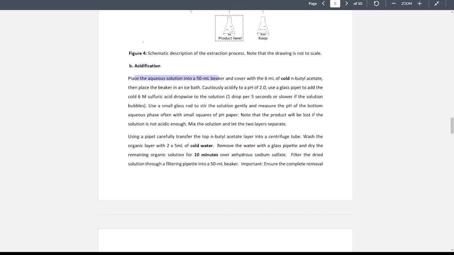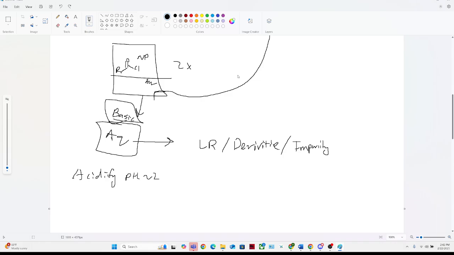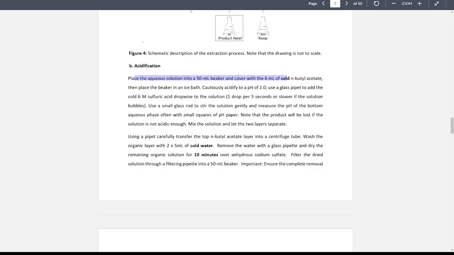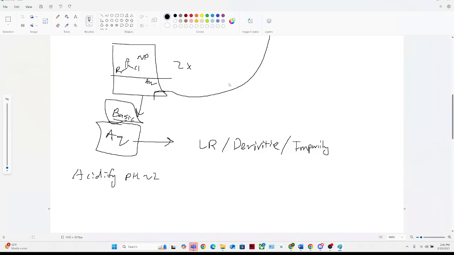So, as mentioned here, you place the aqueous solution in the 50 ml beaker, add cold N-butyl acetate, and put it into an ice bath. You're really ensuring that you prevent hydrolysis and prevent exothermic reactions from damaging your compound. Again, these are all safe precautions.